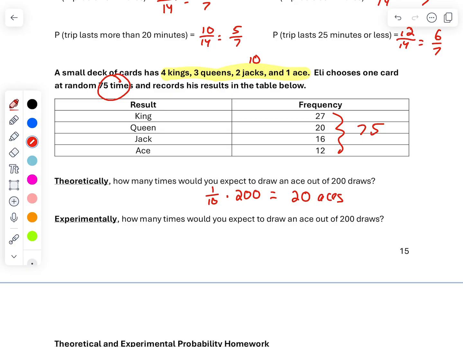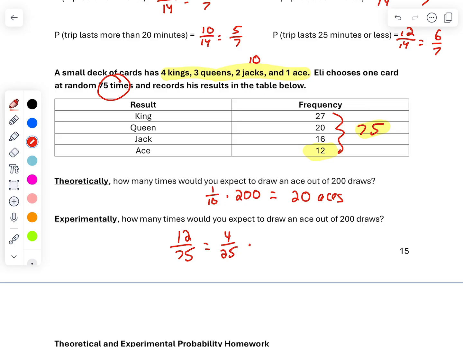The next question says, experimentally, how many times would you expect to draw an ace out of 200 draws? So now I have to look at my experiment. And when I look at my experiment, it looks like I drew an ace 12 times out of the 75. So out of the 75, if I divide that by 3, I get 4 out of 25.